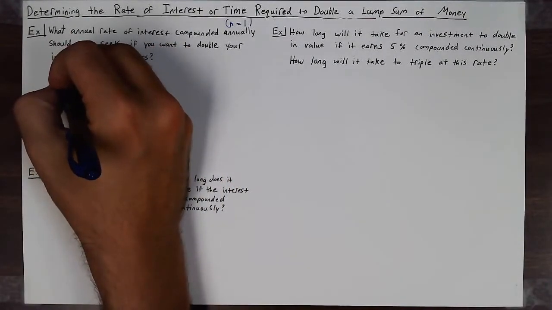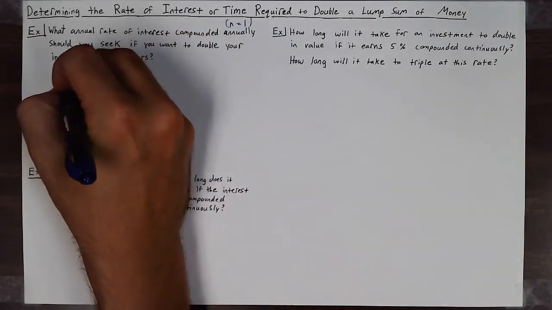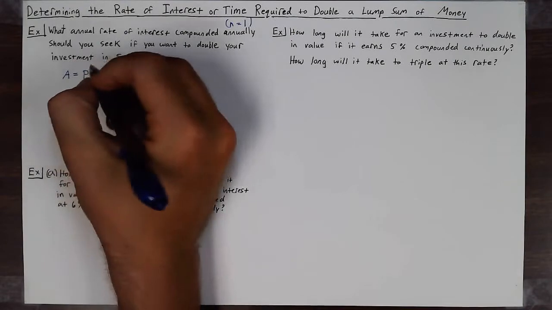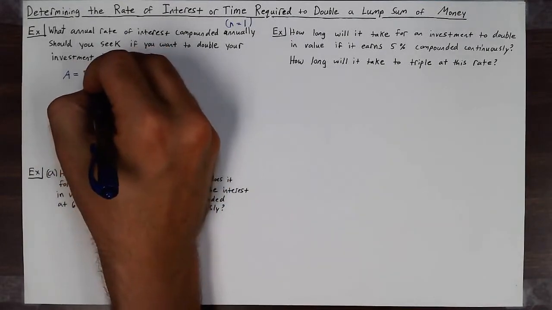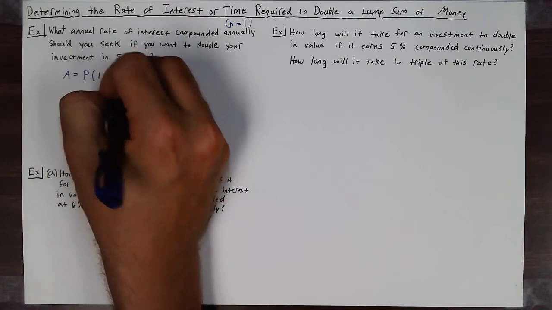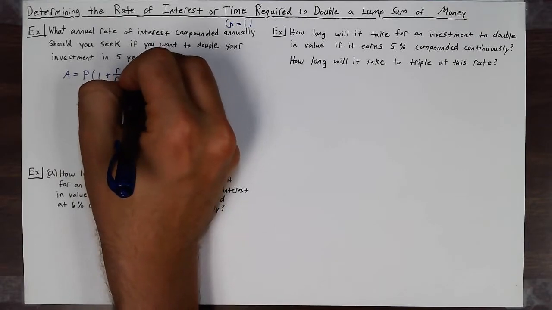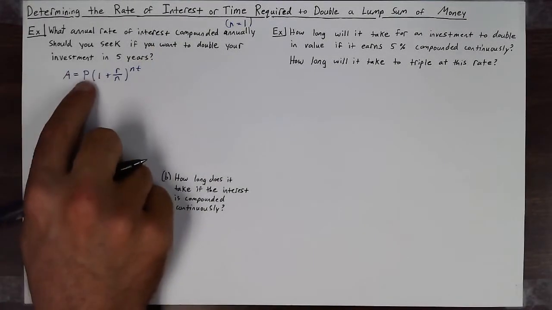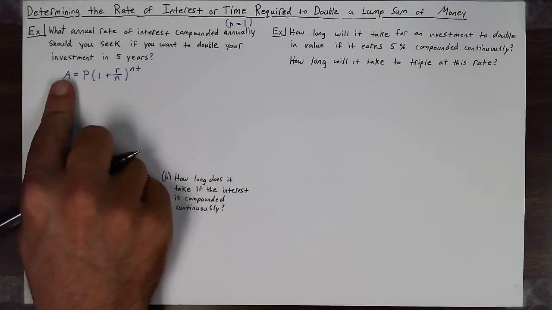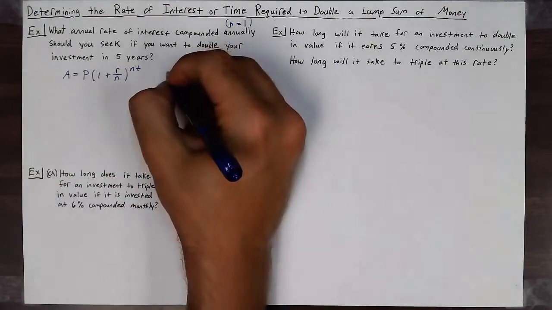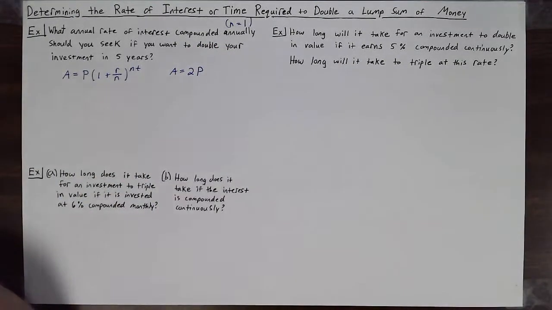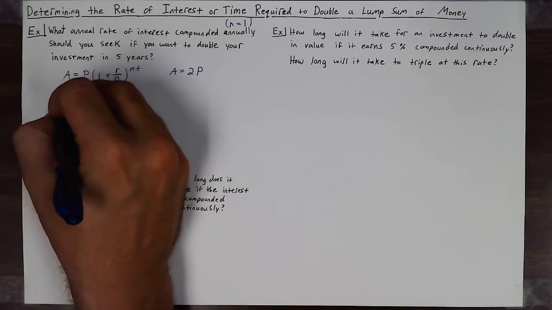So the formula to calculate this would be A, the future value, is equal to the present value times 1 plus r over n to the n times t power. Now, I don't know what the principal amount is, nor do I know the future value of it, but I do know that the future value, A, should be twice the principal value, the starting point. So I can replace A with 2P.